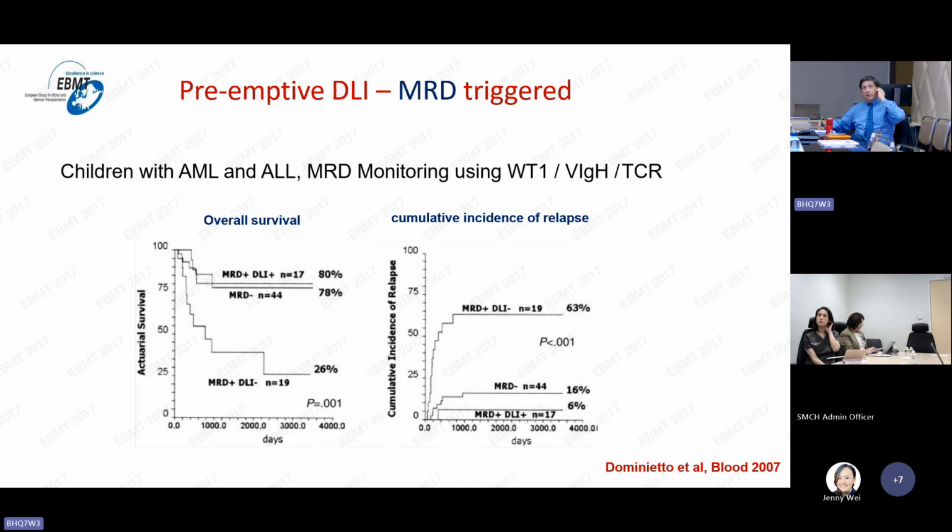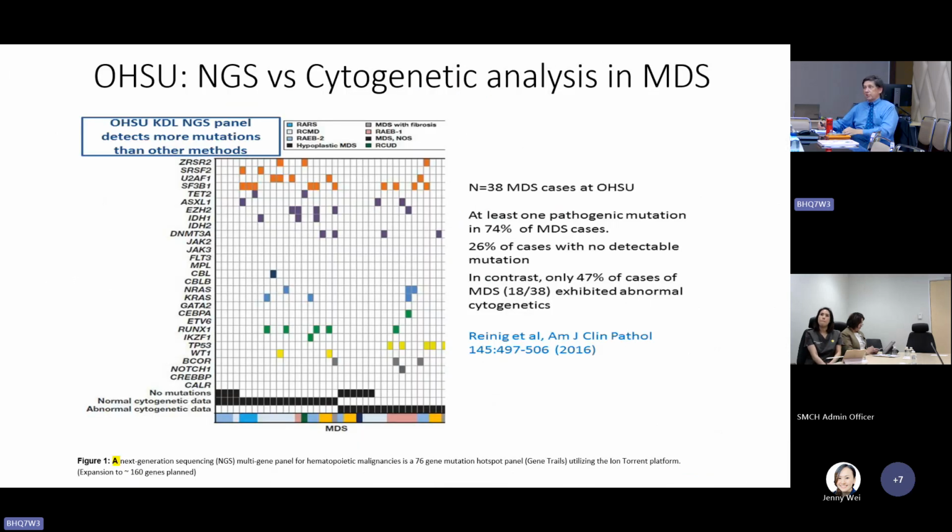This is a children's study with AML and ALL mixed. If you're MRD positive and you didn't get DLI, you did badly. If you're MRD positive and you got DLI, you did better. Or if you're MRD negative, you did well. We were talking about donor leukocytes. This is one of the strengths this study shows, that donor leukocytes can really be effective, but it's most effective in the MRD positive state.